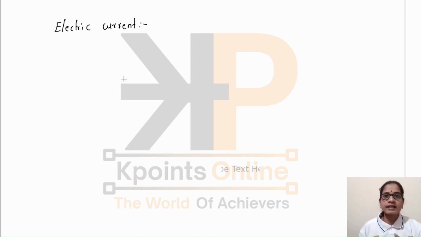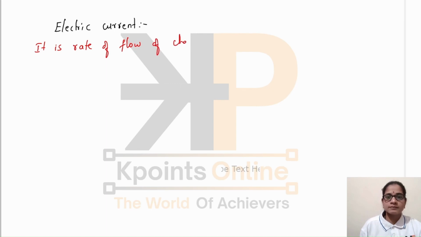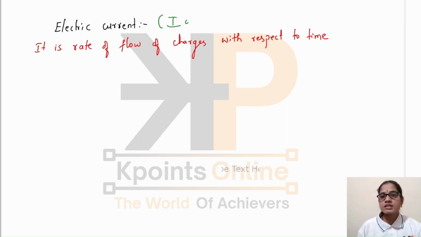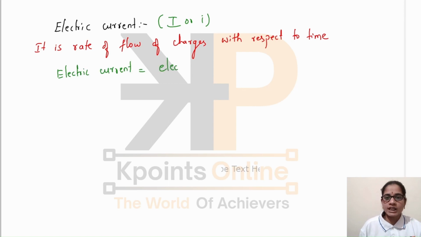We define it as rate of flow of charges with respect to time. And it is given the symbol I, or sometimes small i is also used. So, electric current is equal to electric charge upon time. So, I is equal to Q upon T.